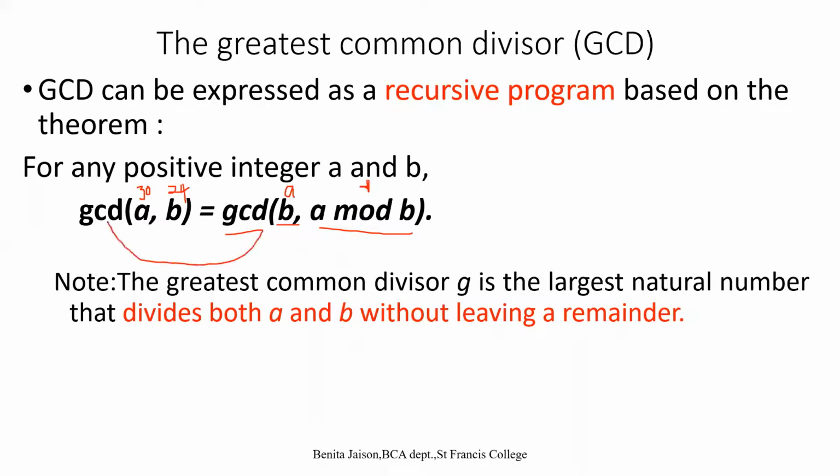When we reach here with the new values of A and B, again we are finding the GCD with the same equation, GCD of B comma A mod B. So in each row, as we saw in the table, we are repeatedly calling GCD of A comma B, but the values of A, B will be replaced by the previous row's B and R values. R value is what? A mod B. Hope it is clear. If you have any doubts, you can ask me.